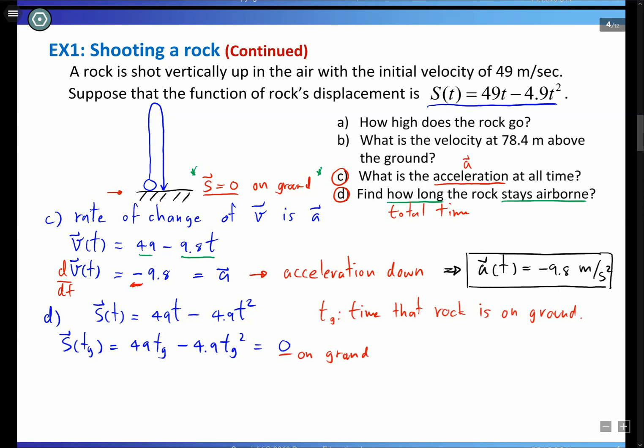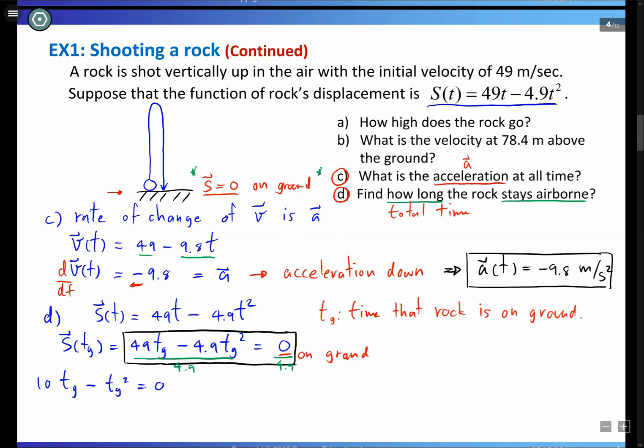Now we have this quadratic equation to solve, this one right here. One equation, one variable, Tg. Now let's start by dividing both sides by 4.9. And now I get 10 Tg minus Tg squared equal to 0.